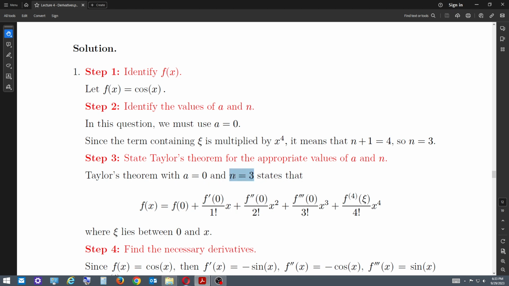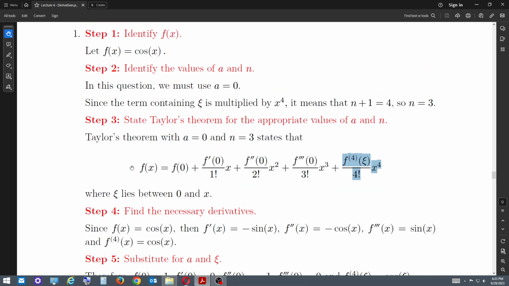Now, using n as 3, it means you have to state the Taylor polynomial of degree 3, so you have to go up to x cubed, and then you have your error term. Remember, the error term has xc instead of a. A is 0, so that value is substituted here. Remember to write that xc lies between whatever a is and x.